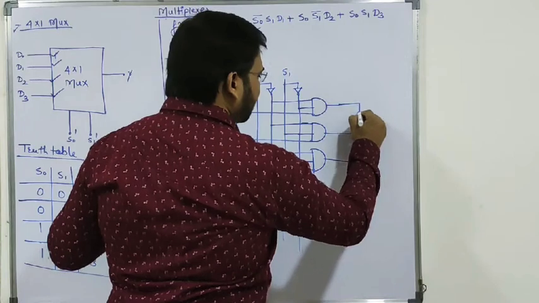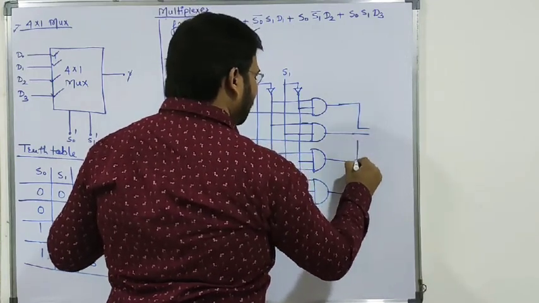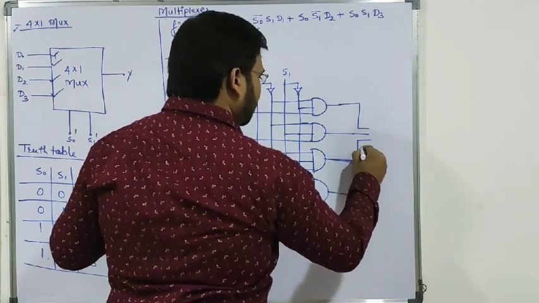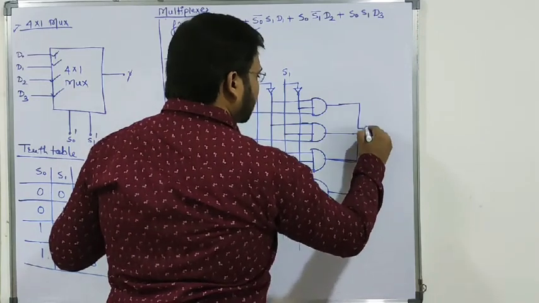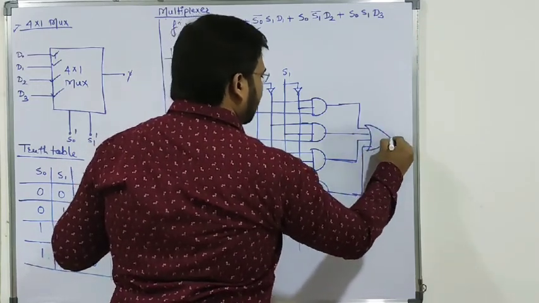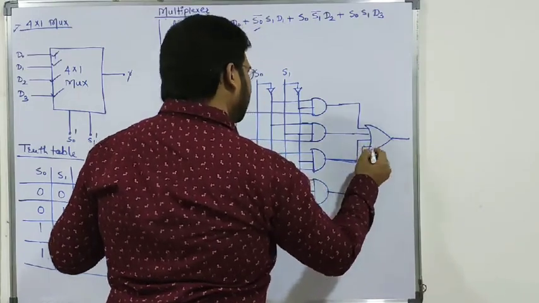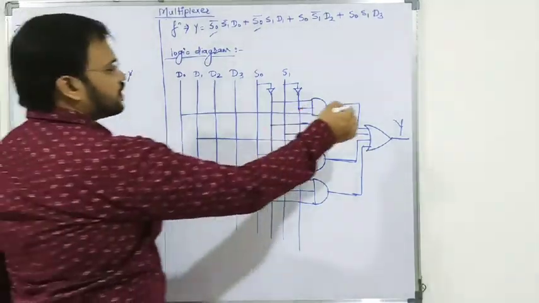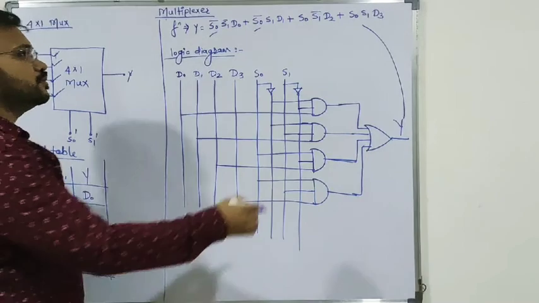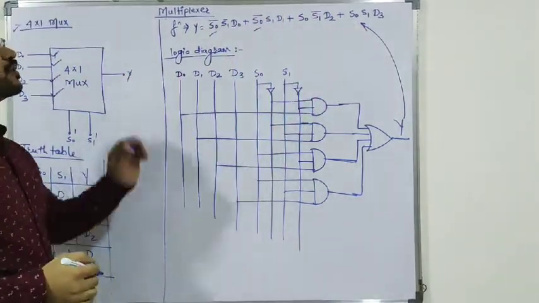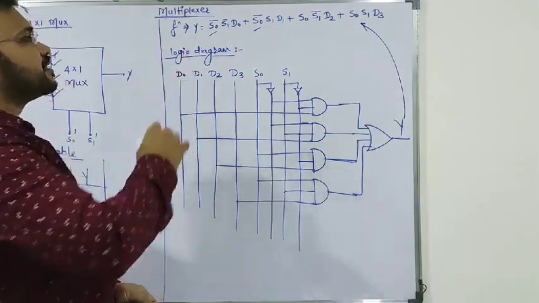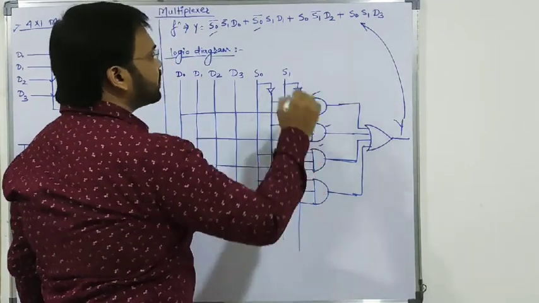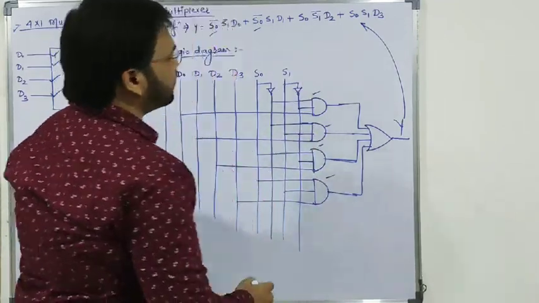So here we have to apply these to one OR gate, and the output is Y. Okay, and this output is S0 bar S1 bar D0, plus S0 bar S1 D1, plus S0 S1 bar D2, plus S0 S1 D3.